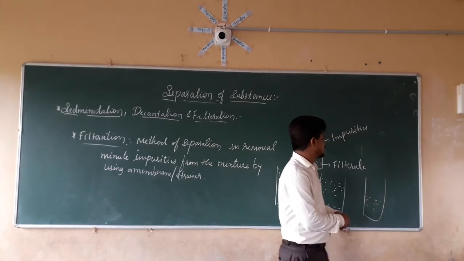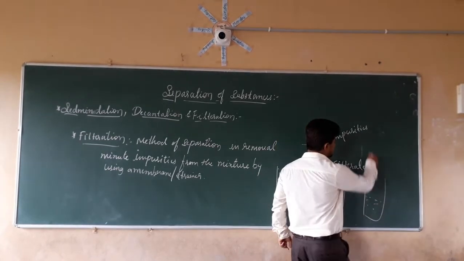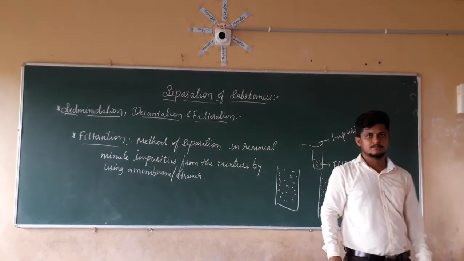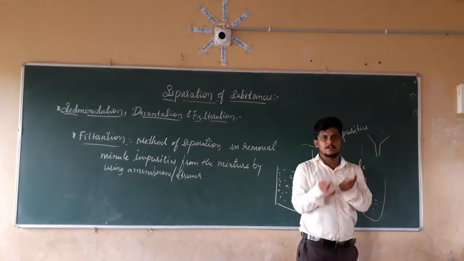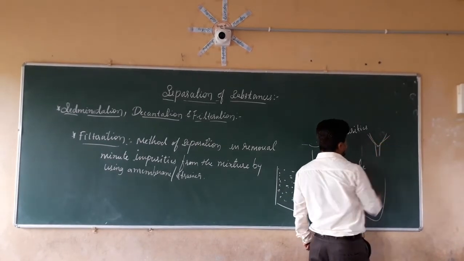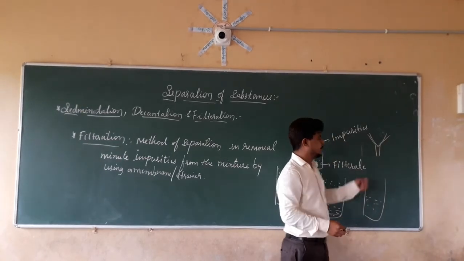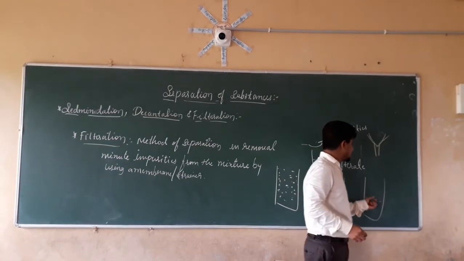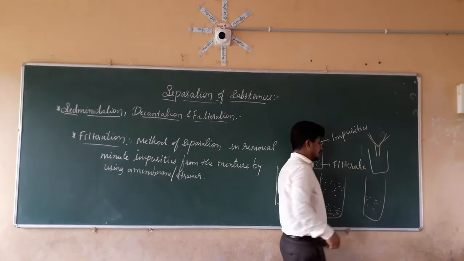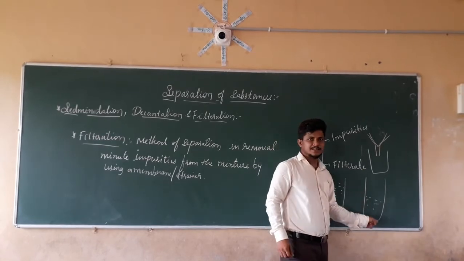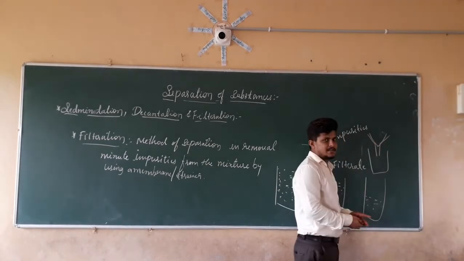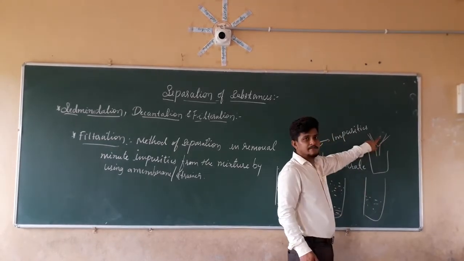For that reason, we are going to take a funnel. In that funnel, we are going to add a filter paper. We are going to fold the filter paper and place it at this portion. The filter paper has tiny pores. When you pour this water into the filter paper through this funnel, the impurities, that is the reddish soil particles, are going to separate and remain in the filter paper only.